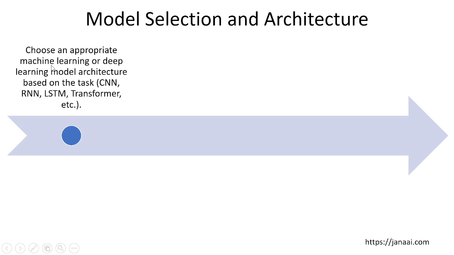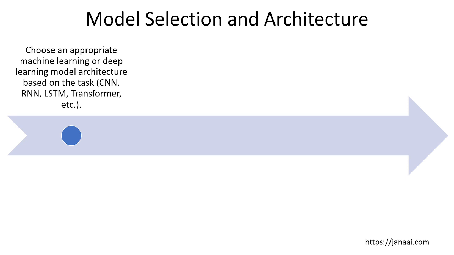In machine learning, there are classification models like logistic regression and support vector machine, then probability-based algorithms like Naive Bayes, random forest, decision tree, XGBoost, and ensemble techniques. There are a lot of machine learning algorithms used in NLP use cases. Based on your use case, you can use those machine learning models.